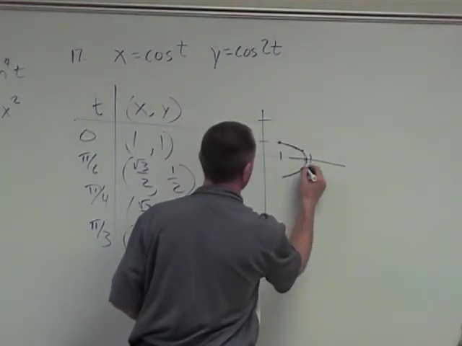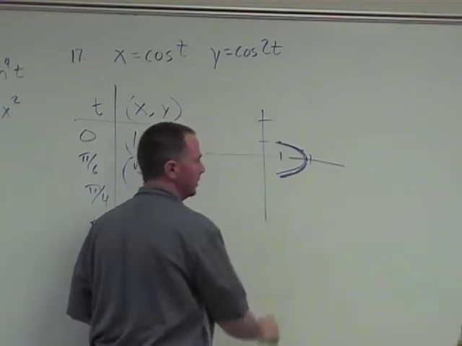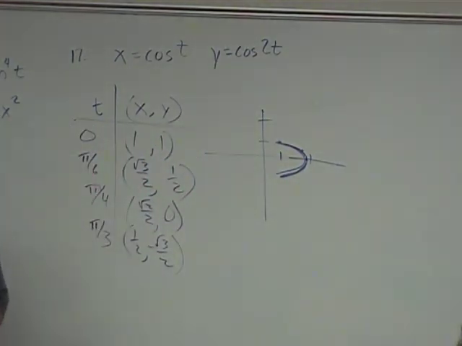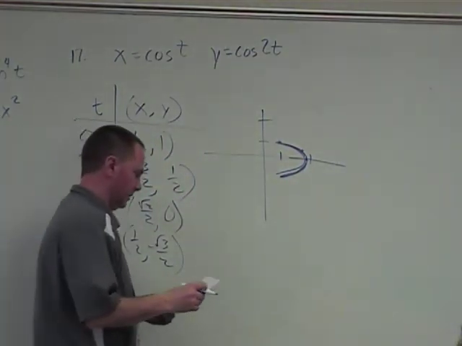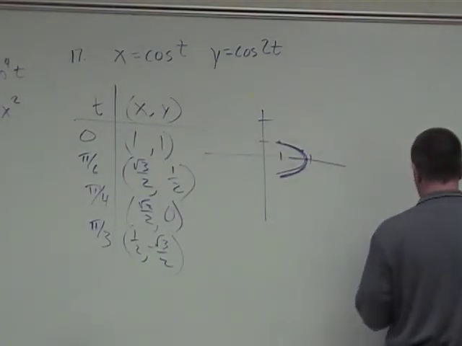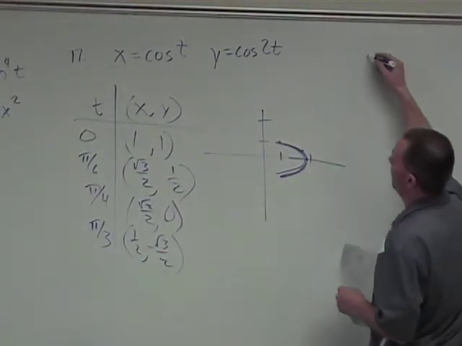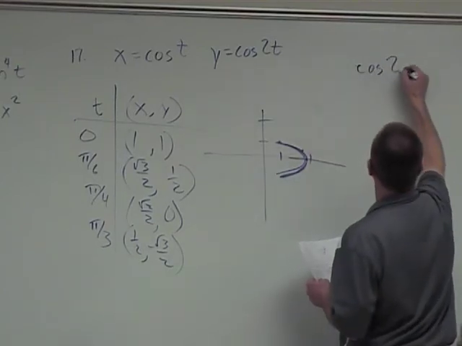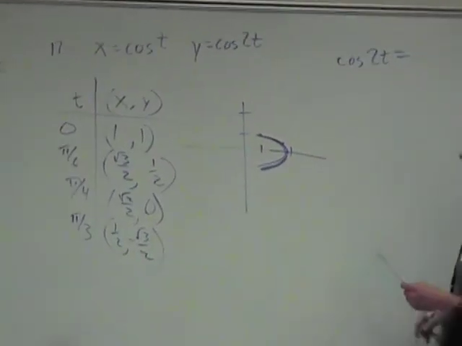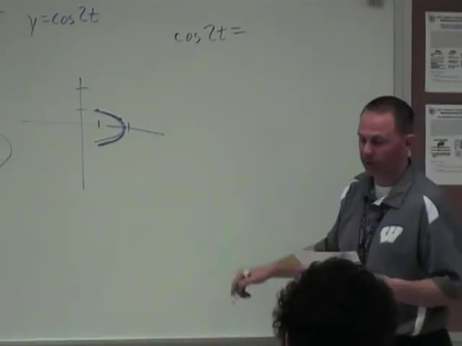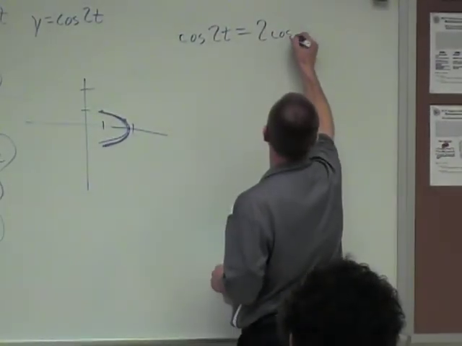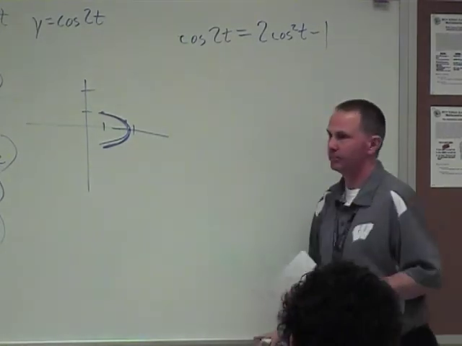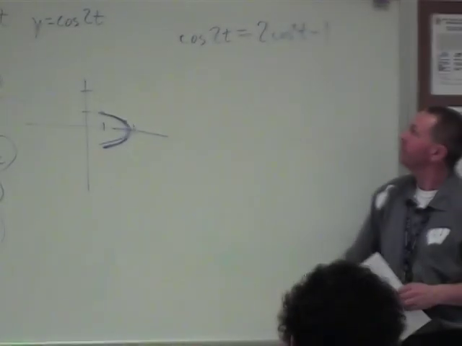So now you see what's going to happen here as I keep going. Okay. Not a circle. Okay, so here's what we're looking at. What do you know about cosine of 2t on your reference sheet? It's a double angle, so what do you know about double angles? That's one of them.